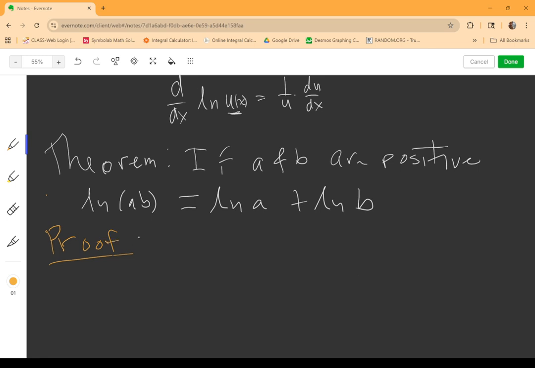One thing to realize here is I'm going to start looking at these two functions, the natural log of ax and then the natural log of x, where a is some constant and x is our variable. x can be anything. Later, at the end, we're going to let it be b. But we're going to start off by doing this because I'll take the derivative of each one of these.